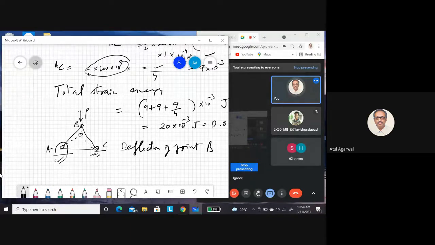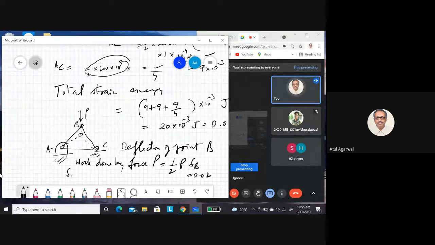Look, whatever is the energy stored in the truss, that is coming from the work done by this force. What is work done by force P? Anybody? Half P into deflection of point B. So this has to be equal to 0.02 joules.